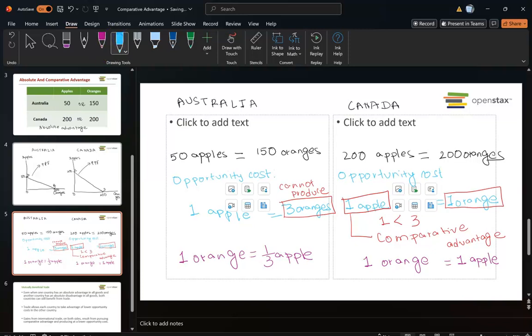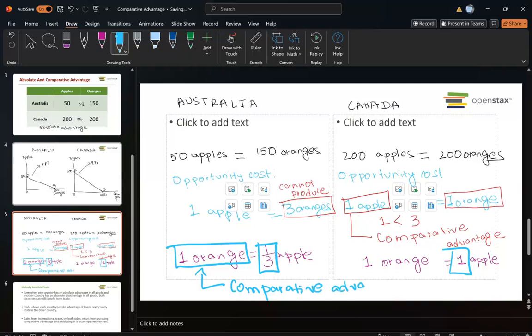Now we see here the Australian economy is sacrificing fewer apples compared to the Canadian economy. Because it is sacrificing fewer apples to produce one orange, we say Australia has a comparative advantage in the production of oranges.